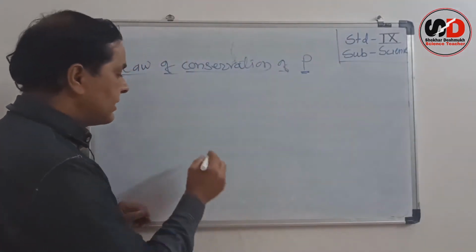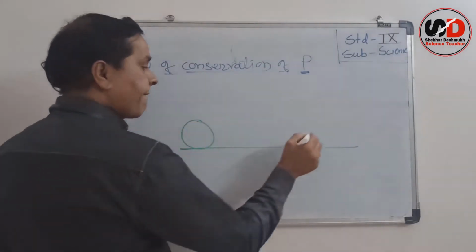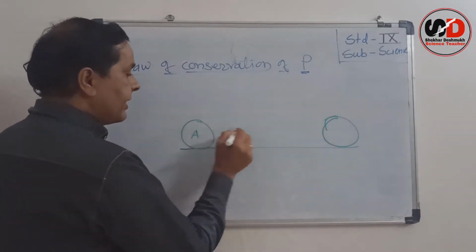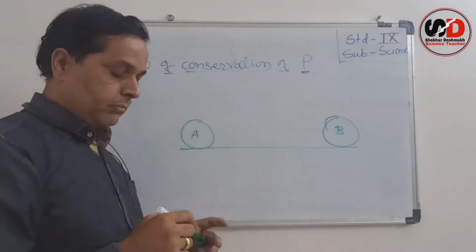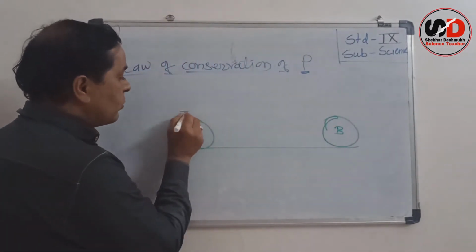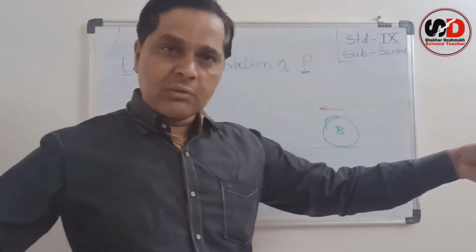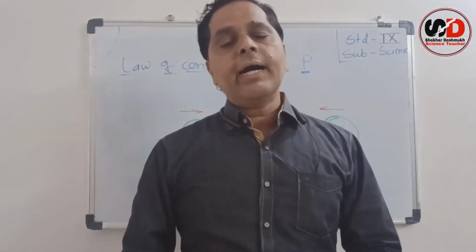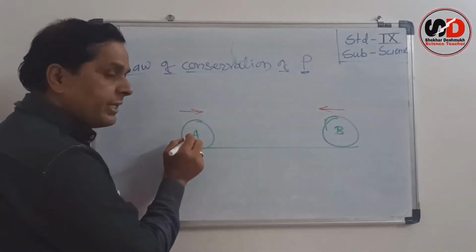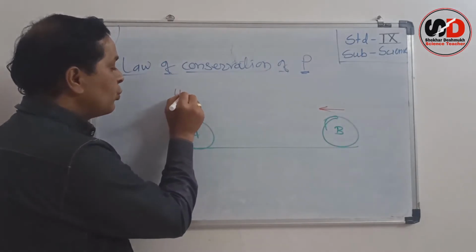Suppose the example is given. Suppose this is object A, this is object B. Object A is going in this direction, object B is coming in this direction. डेफिनेटली समोरासमोर येत आहेत, त्यांची टक्कर होणार आहे. बघायचं आपल्याला त्यांच्या मोमेंटम मध्ये काय फरक पडतो. बघा, सपोज ऑब्जेक्ट A is going in this direction with initial velocity u1.